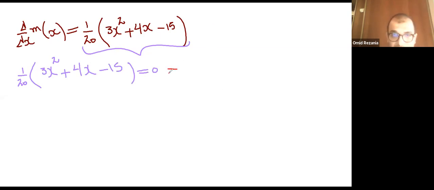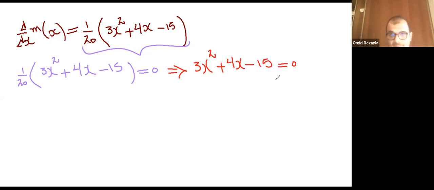If you simplify that, you multiply both terms by 20, you get this equation, that 3x squared plus 4x minus 15 should go to 0. Now, the task which we have right now is to solve this equation.